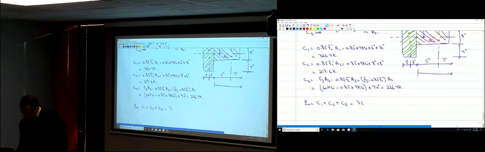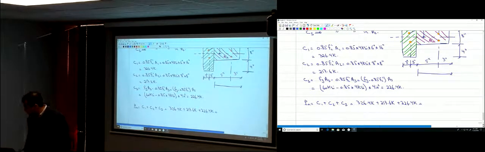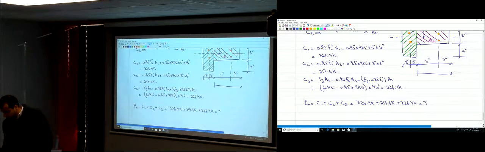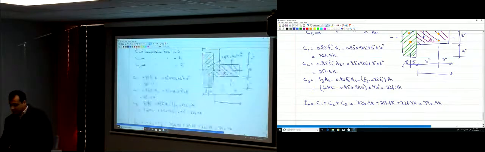So adding them together, it's 326.4 K plus 217.6 K plus 226.4 K, the summation of the three forces. And that's equal to 770.4 K.